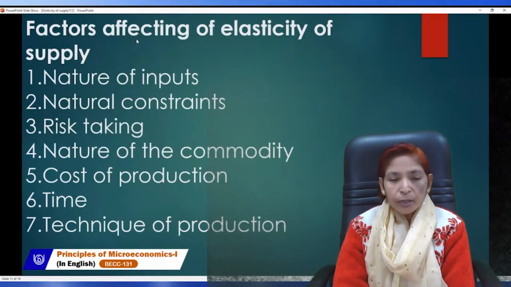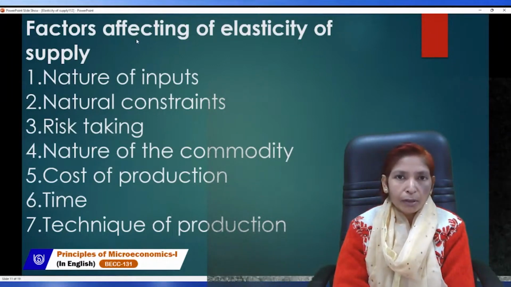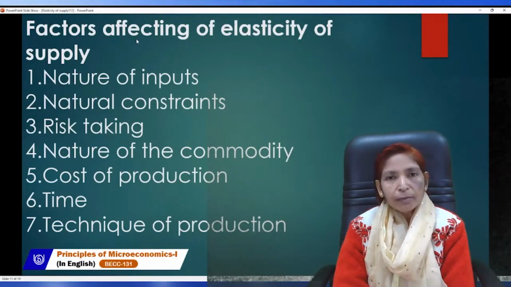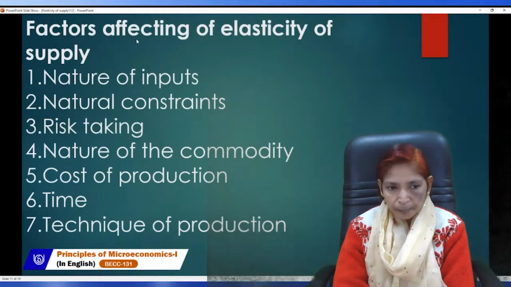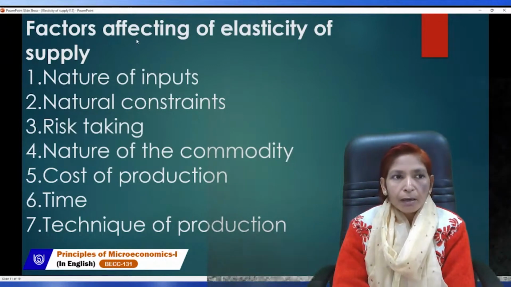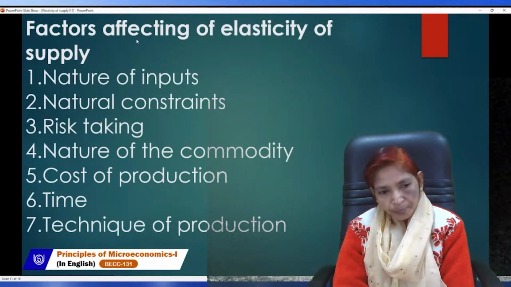And if the producer is using complicated technology, which is very complicated to understand and very complicated to use, in this case, production will fall and elasticity of supply will be less elastic. So technique of production is also a determinant factor of elasticity of supply.